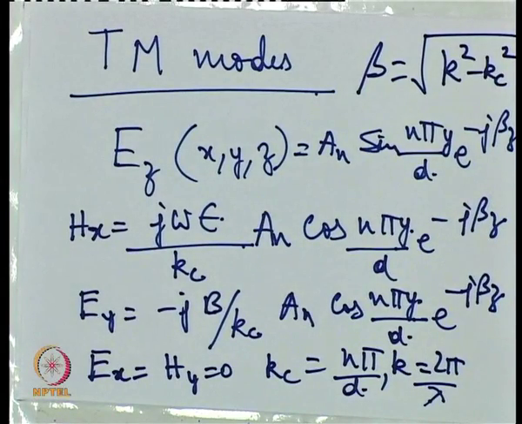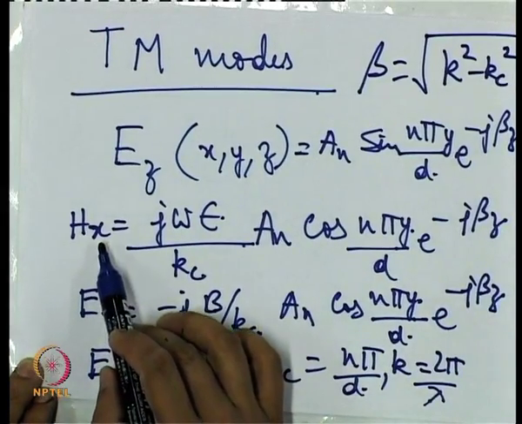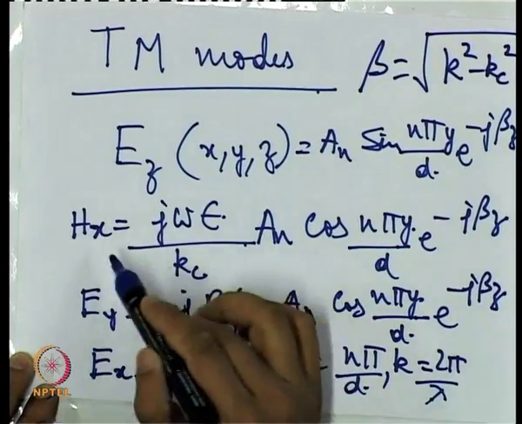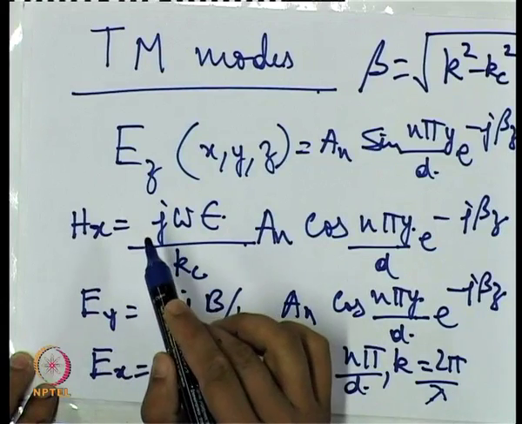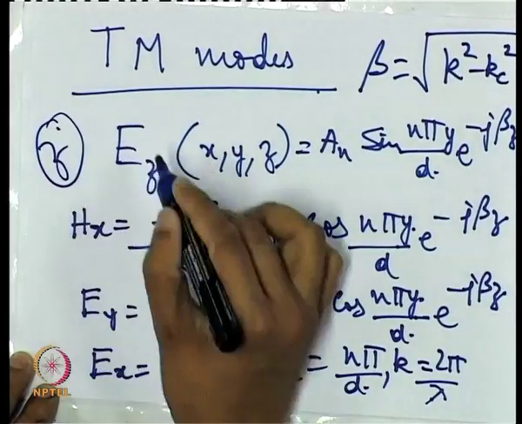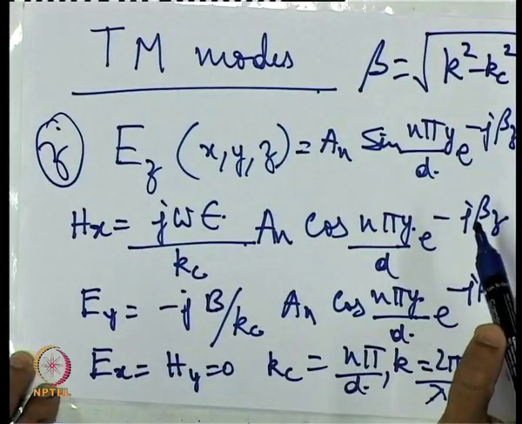See, the values of this electric and magnetic fields, first of all, H is oriented only along the x direction, that is perpendicular to the direction of propagation z, and E has components both along z and y.